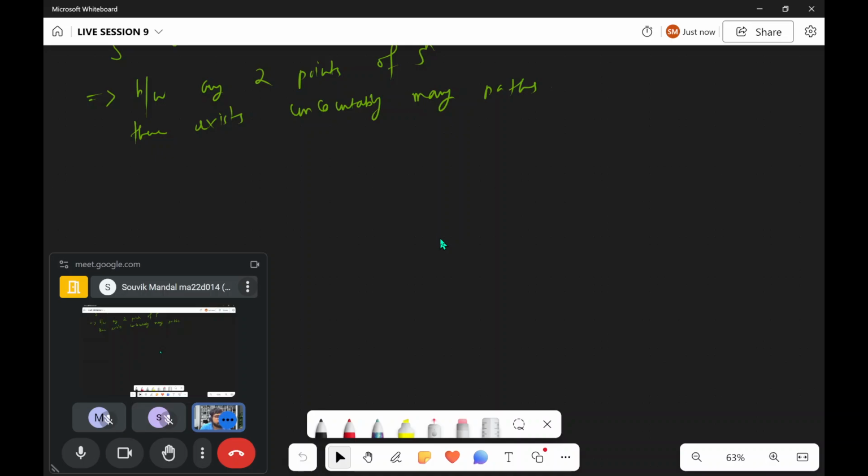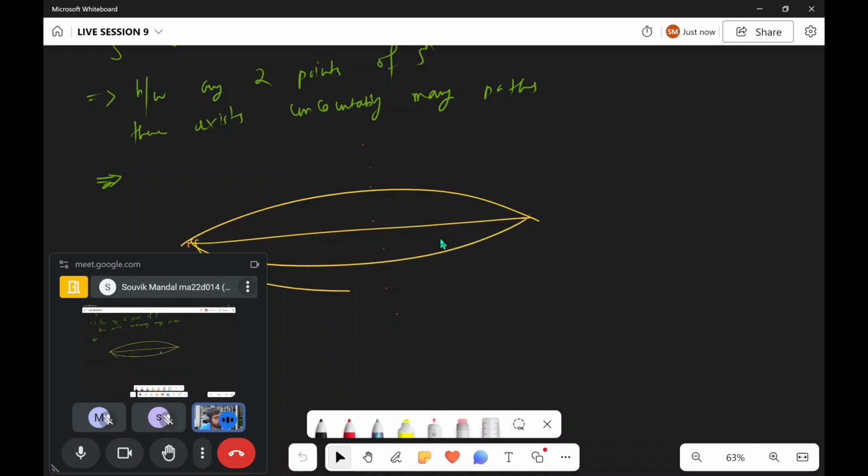So you have basically 2 points, and there are countably many points outside the consideration. Now there exist uncountably many paths between these 2 points. Since there are uncountably many paths, there exists one path which does not intersect all of these countably many points.